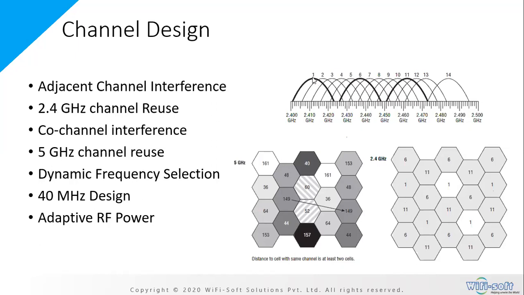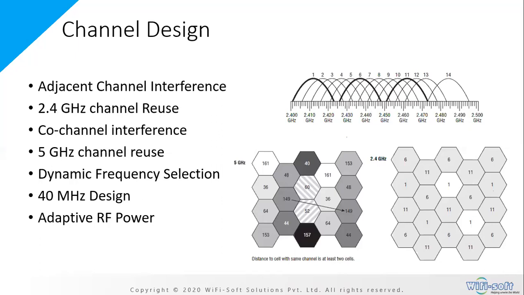That means channel number 1 has to be reused in a network like this. So each hexagon here is basically a cell within a Wi-Fi network. Let's assume that we are deploying a Wi-Fi network in a completely open area, like a big open area, and there we want to design a network. Unless you reuse the channel, if you had unlimited channels, you would just keep on using new channels for every access point.